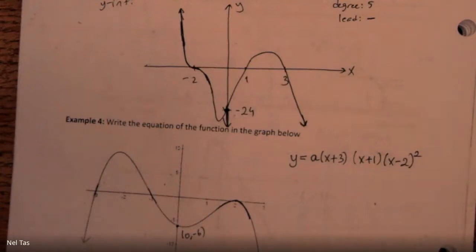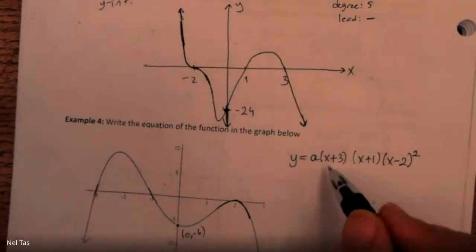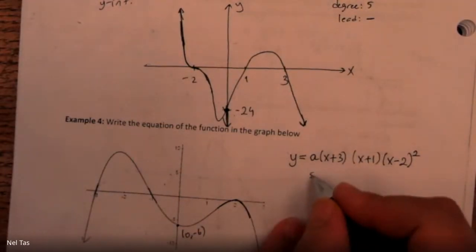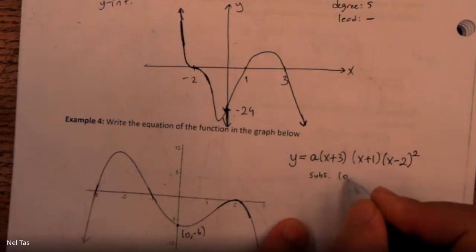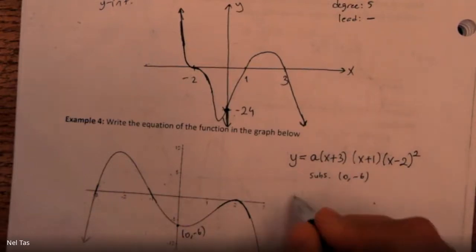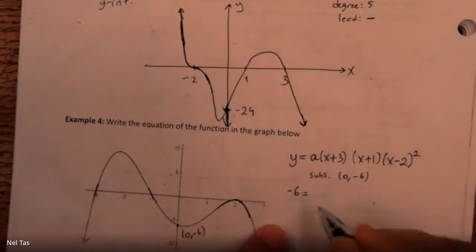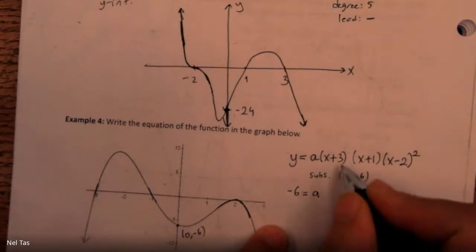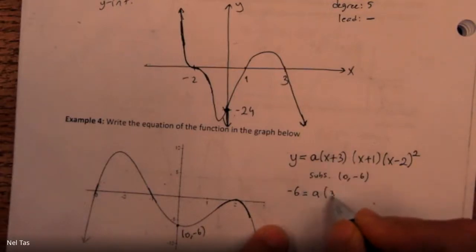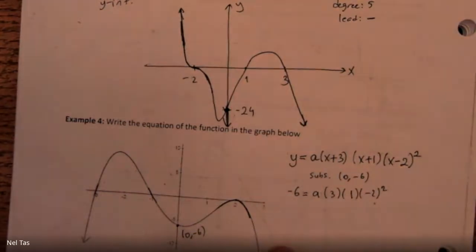It can be any other point on the graph that has integer coordinates. So now we are going to substitute this point in the equation. Substitute 0 and -6. Y value is -6, a, x is 0. Okay, that's what we get.